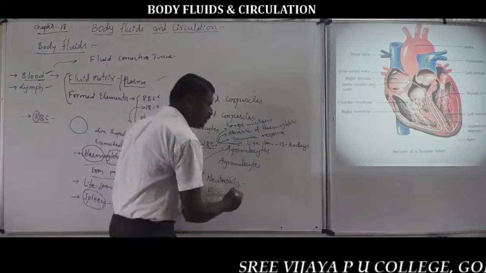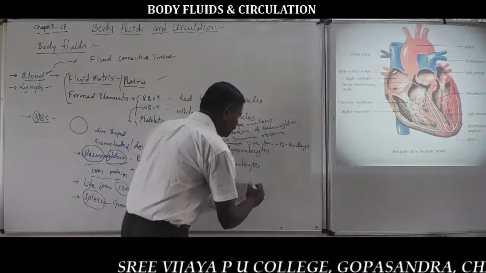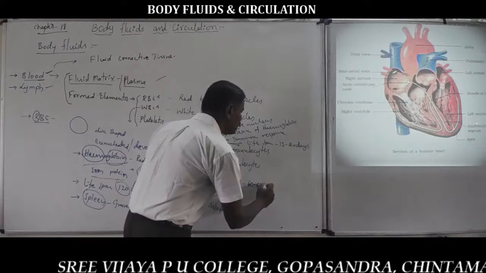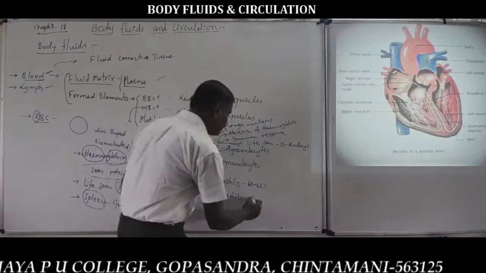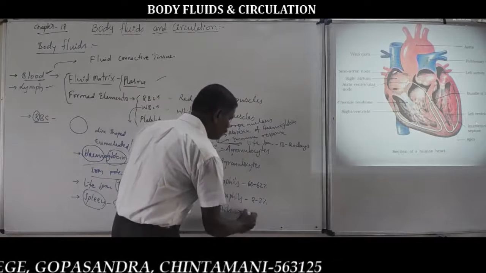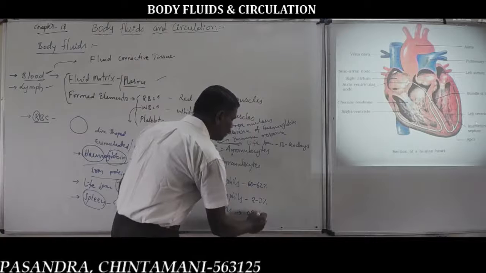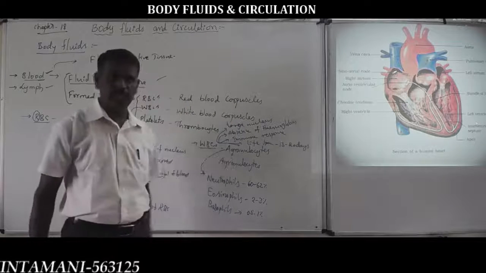The neutrophils are present at nearly 60 to 62%. The eosinophils are 2 to 3%. The basophils are 0.5 to 1% of the total constituents.